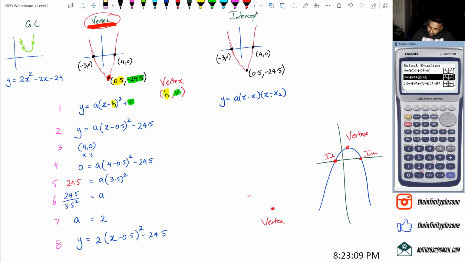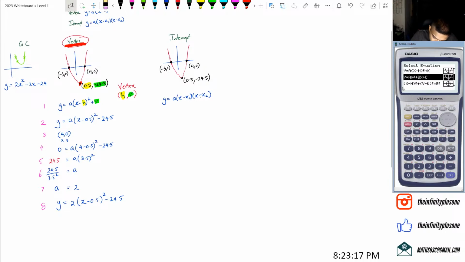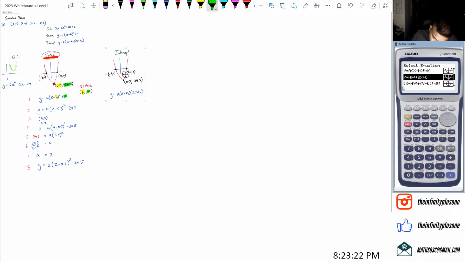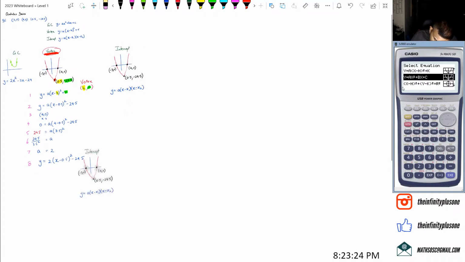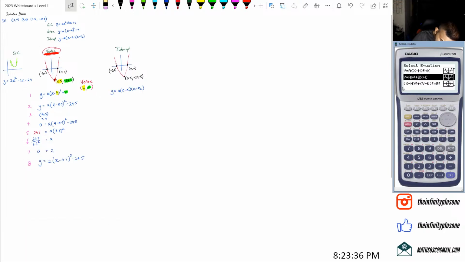We'll do a couple of vertex form questions, and I'll leave the working up here for you guys, and we'll come back to the intercept form. Just give me 1 second.